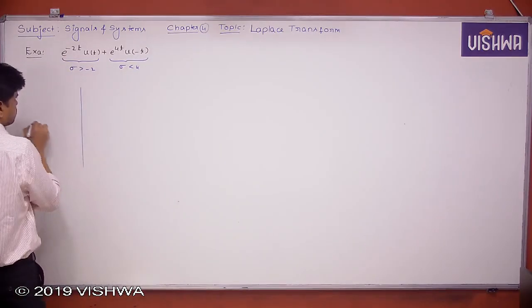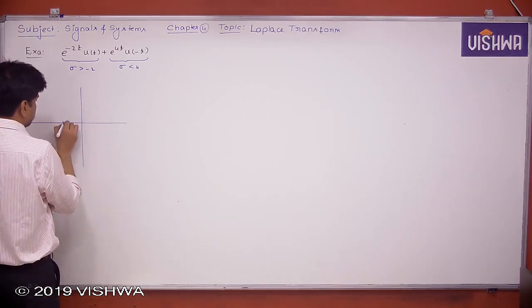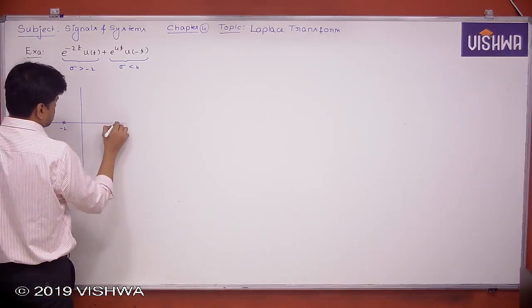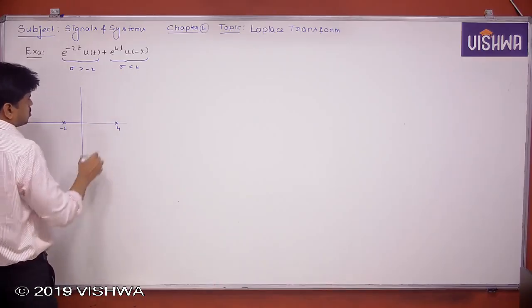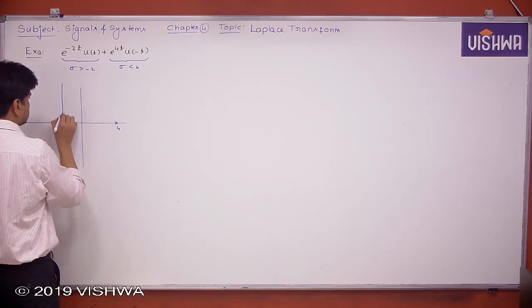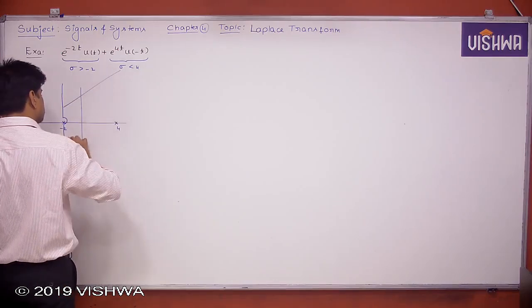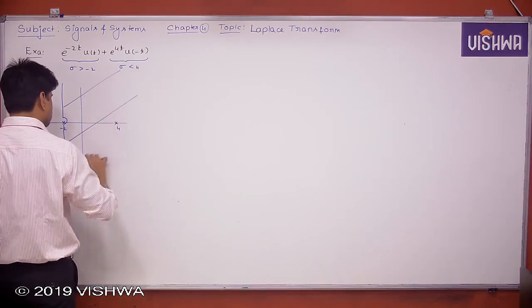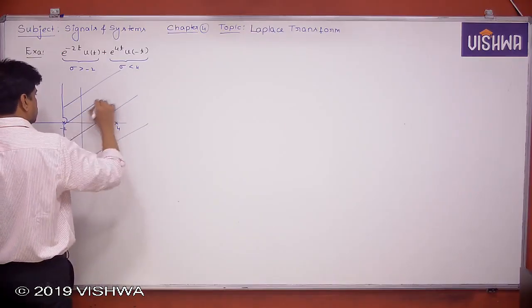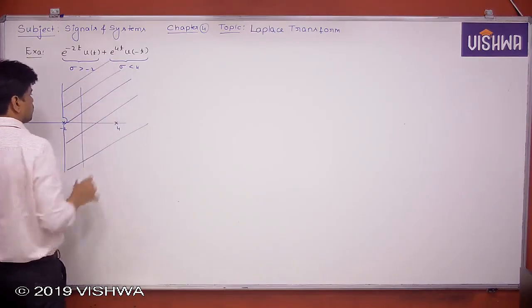If I see minus 2 and 4, this is what greater than minus 2 means.